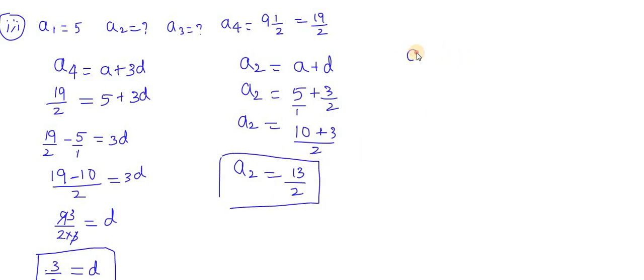Then a3, what is a3? a3 equals a plus 2d. So a3 equals 5 plus 2 into d. The d value is 3 by 2, isn't it?